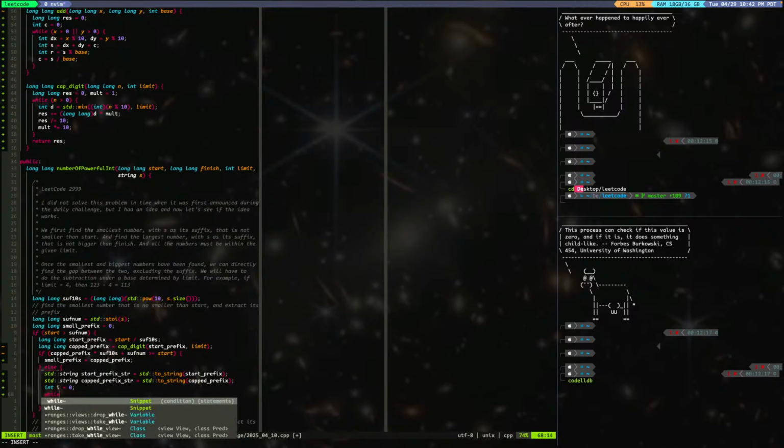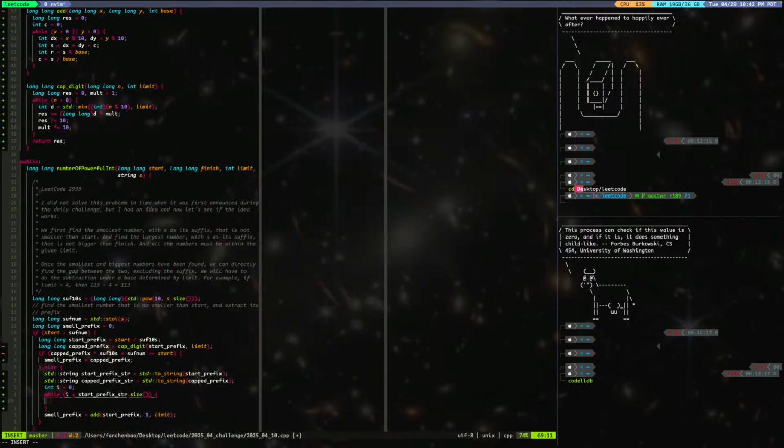And then while i is smaller than these two, which shall have the same length, therefore I can just go start prefix string dot size. Okay, and start prefix str i is equal to capped prefix str i.